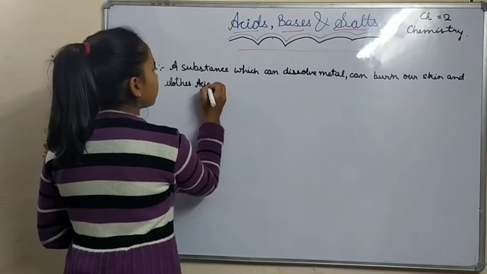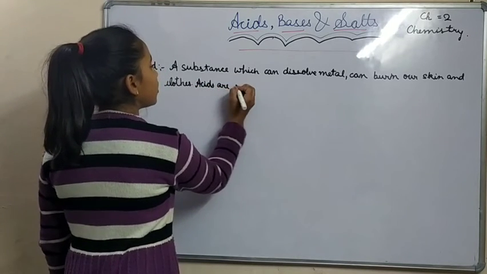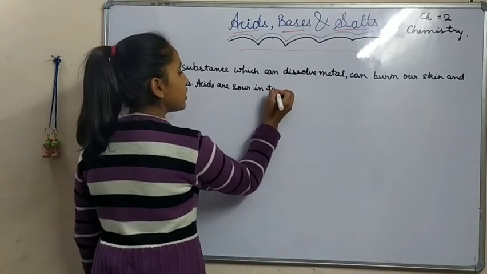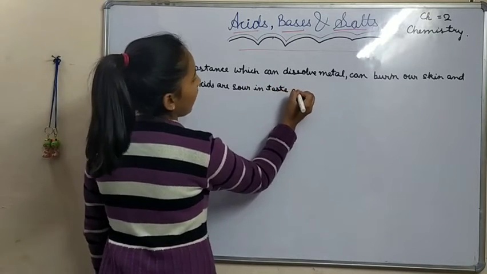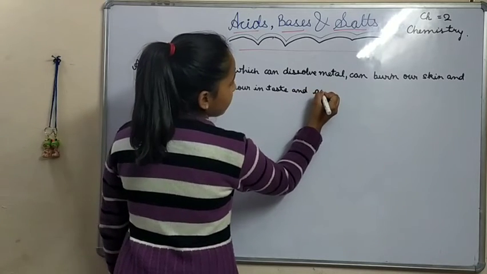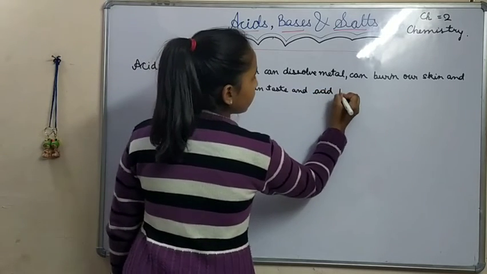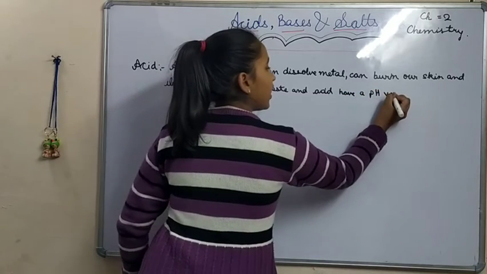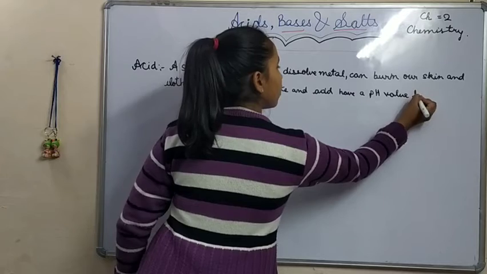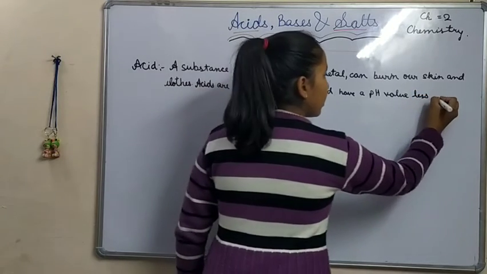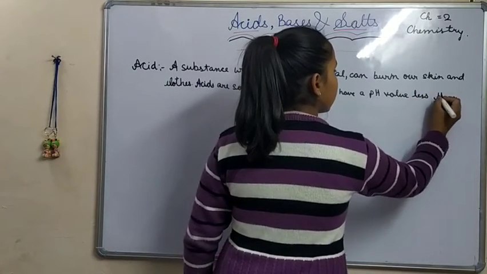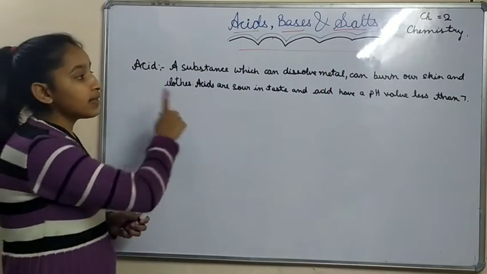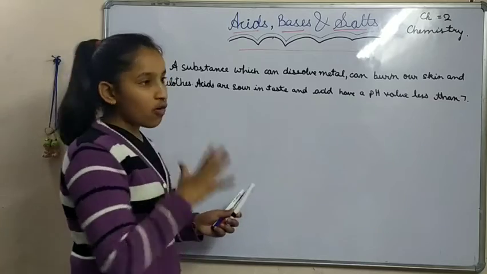Acids are sour in taste, and acid has a pH value less than 7. This is the definition of acids, a substance which can dissolve metal.